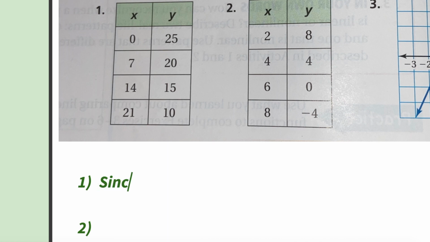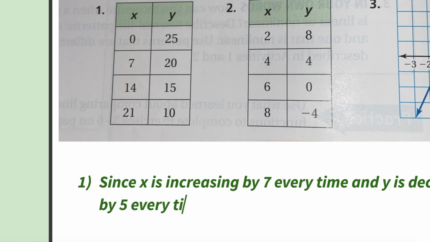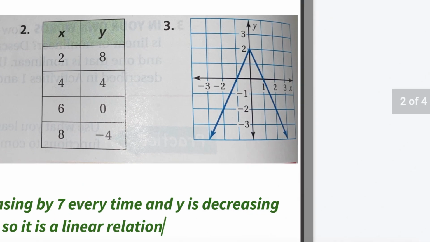So you have to write, since x is increasing by 7 every time and y is decreasing by 5 every time, so it is a linear relation. That's all what you have to write for now. Do question 3 alone.